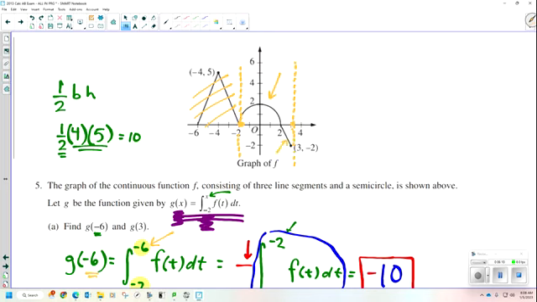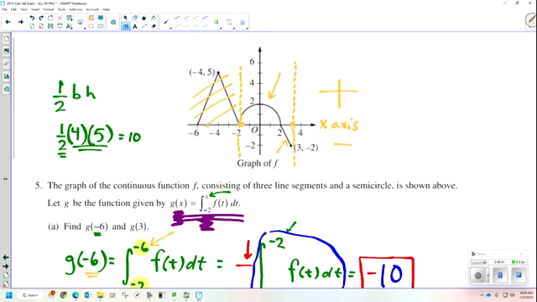Now be careful. Whenever I take the integral of something, any area that's above the x-axis is considered a positive value. This is my x-axis. Anything that's below the x-axis is considered negative. So the area of that little small triangle is going to be a negative value that I need to combine with the area of my semicircle, yes, semicircle, which is a positive value.